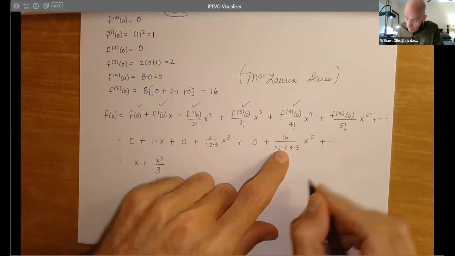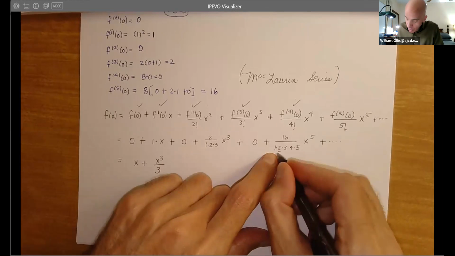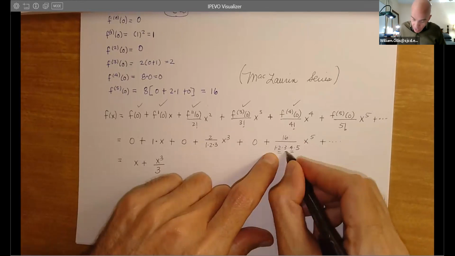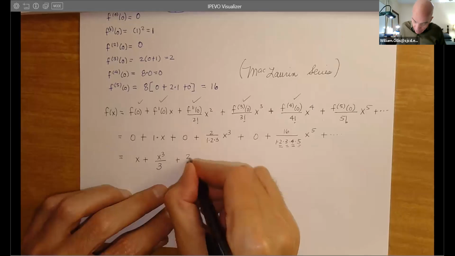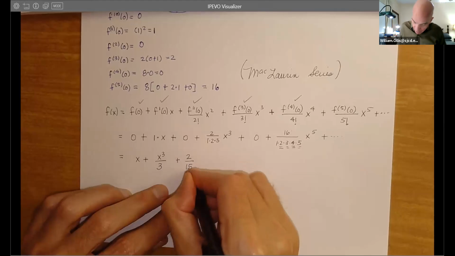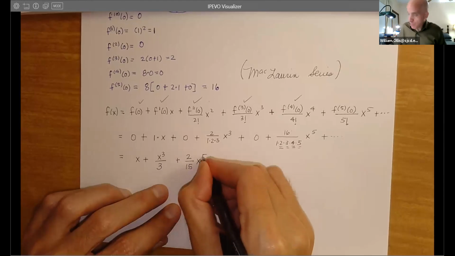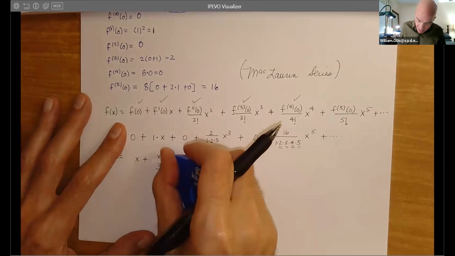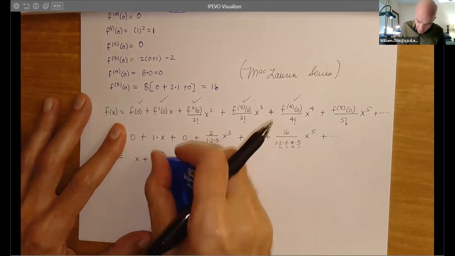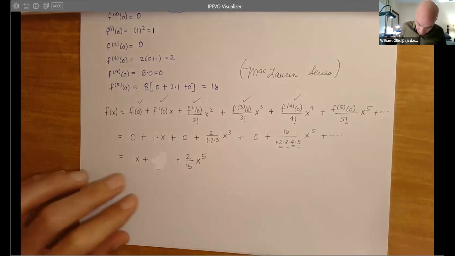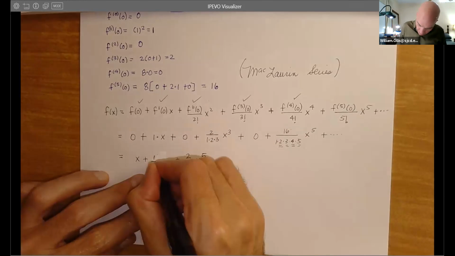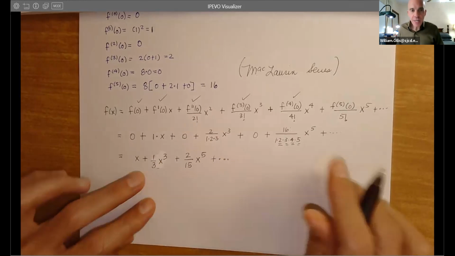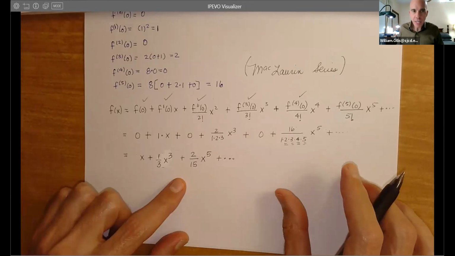And here, notice the 2 and the 4 absorb to give us a 2 here, and then the 15 survives. So that'll be plus 2 over 15 x to the 5th. If you want, and it doesn't matter, let's just move this to the side so it looks like the other term. So this would give us our first 3 non-zero terms of the Maclaurin series for tangent.